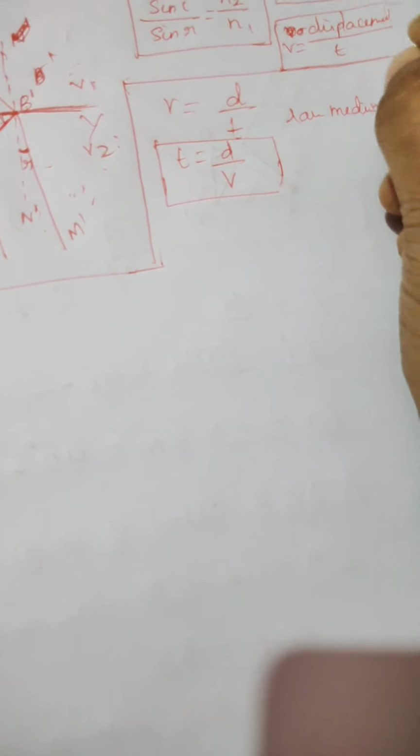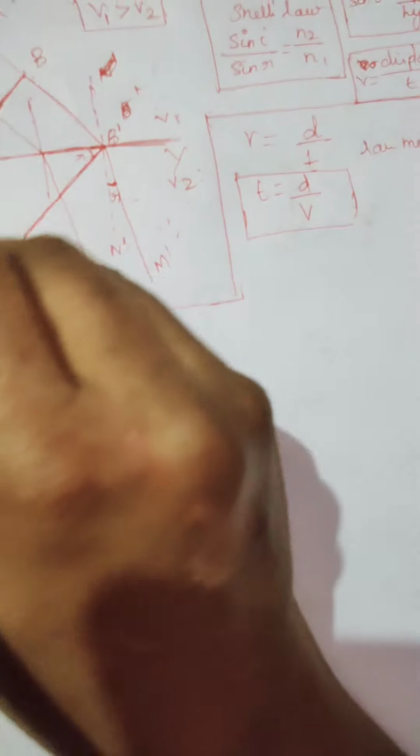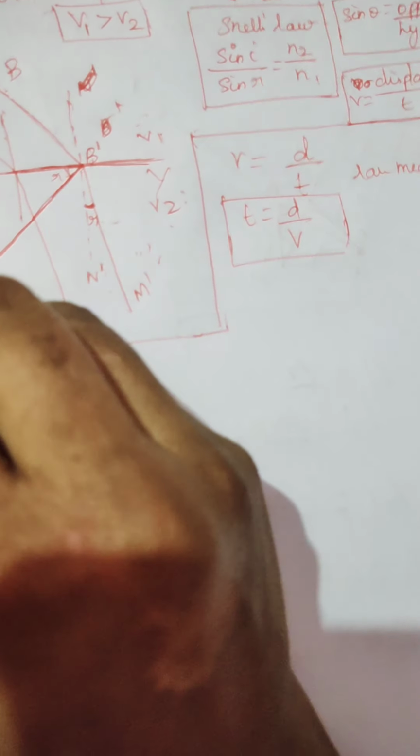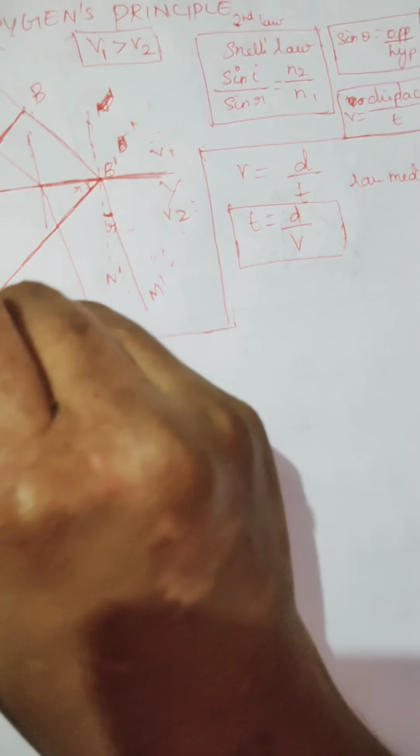First we will see the rarer medium. In the rarer medium, which one is the incidence? This is B and B dash.